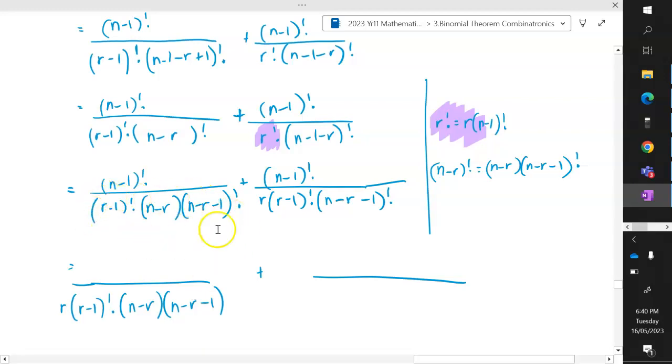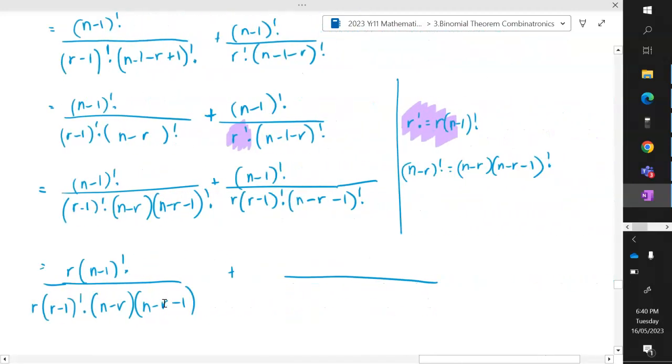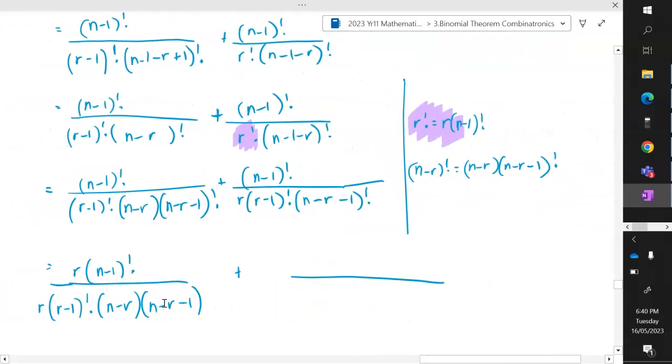So let's have a look. We're dividing this term here into this one here. And what are we going to have? We're going to have an r. So it's going to be r times that top line. And we'll have that same bottom line written over here for the other one. So r minus 1 factorial, n minus r minus 1. I want to divide this into here, or what do I do to turn this into this?